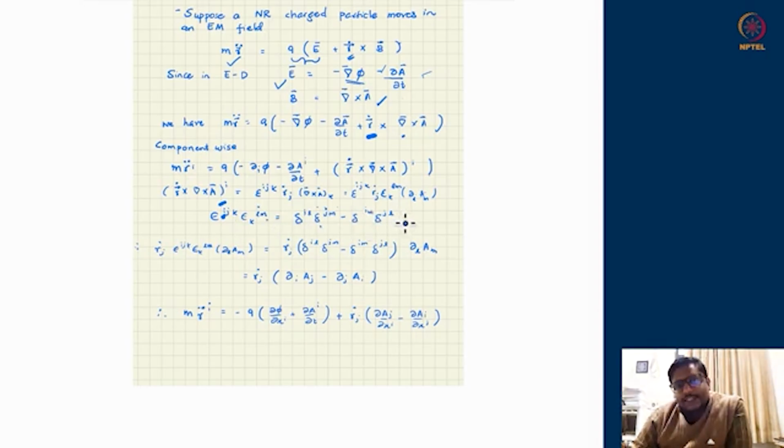So this identity is handy because using this identity we can write down the overall term which is appearing as Rj dot epsilon ijk epsilon klm del lam, as we can subsume the two Levi-Civita tensors in terms of product of Kronecker deltas, delta il delta jm minus delta im delta jl, and you see these will give rise to two terms.